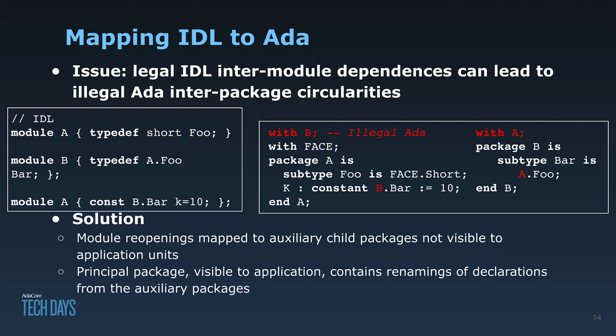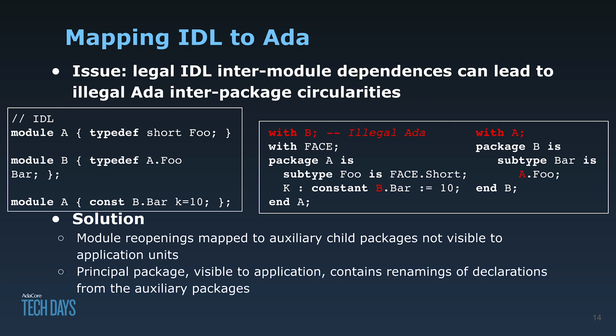This was an interesting, just interesting technical issue that we faced. IDL is used in the data interfacing part of the FACE standard. There was an annoyance where perfectly legal IDL couldn't map cleanly to Ada. And the issue kind of shows this.